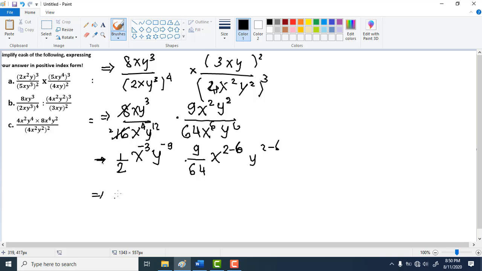It becomes 1 over 2 times 9 over 64 times x to the power of minus 3, x to the power of minus 4, y to the power of minus 9, y to the power of minus 4.